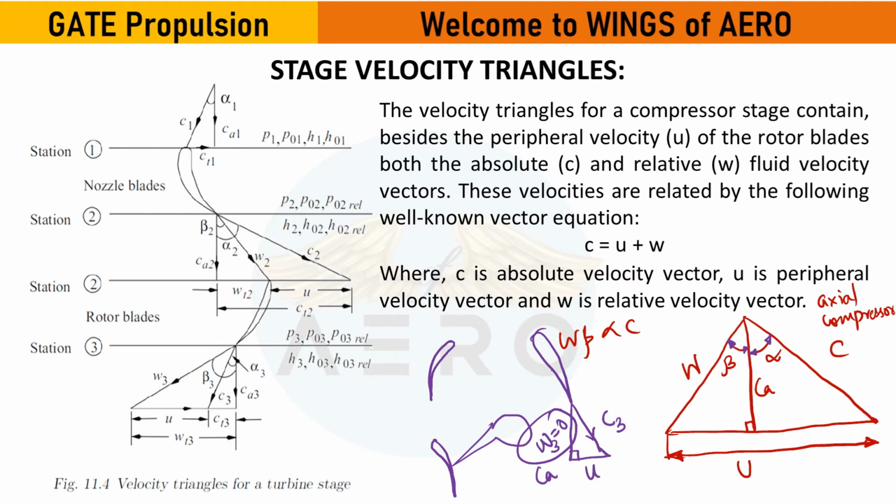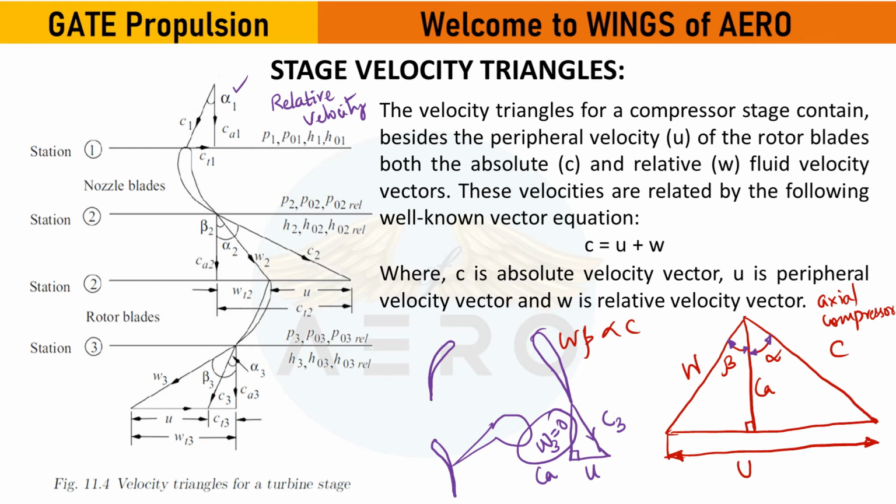Now the same thing will be followed, just reversed. Just remember the turbine and the compressor are reverse of each other. When the flow is entering the nozzle, that means entering the turbine, there is again no relative velocity, so the air angle exists.